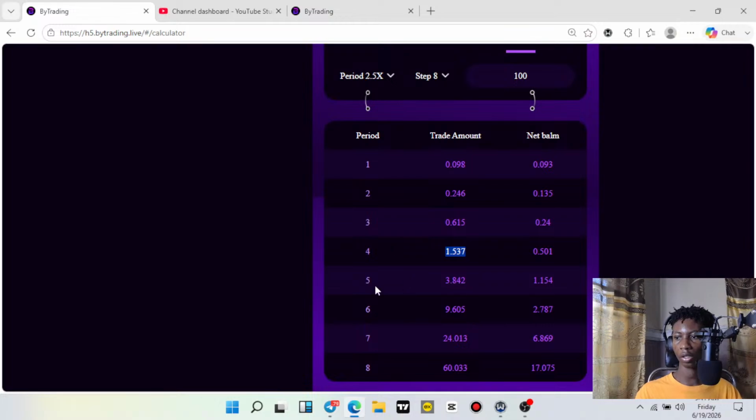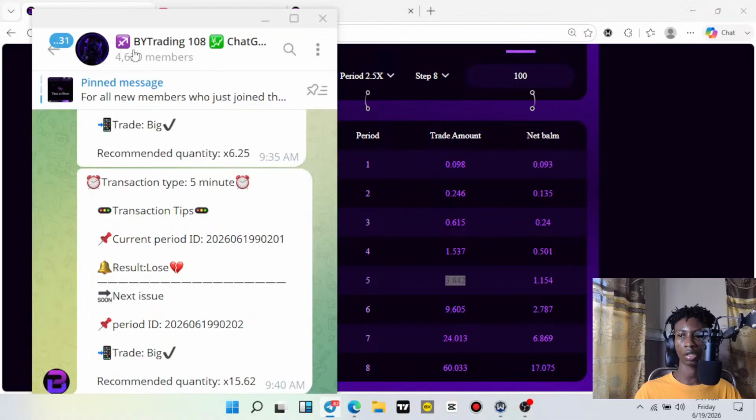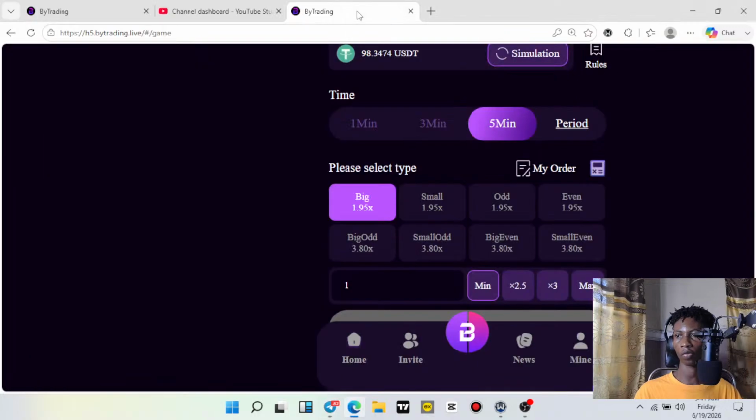Right now we are at phase 5. On phase 5, I have to go with this amount, and if everything goes wrong at the 8th phase, I'm going to get compensated. It's 100% because I'm following all the rules and criteria. I'm following every amount, and I'm also trading with their 5 minute Telegram community. So if everything goes wrong, I'm going to get 100% compensation.